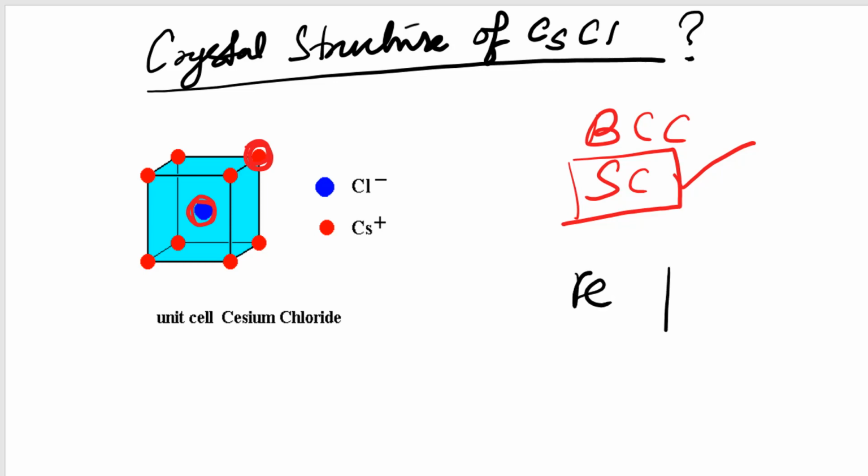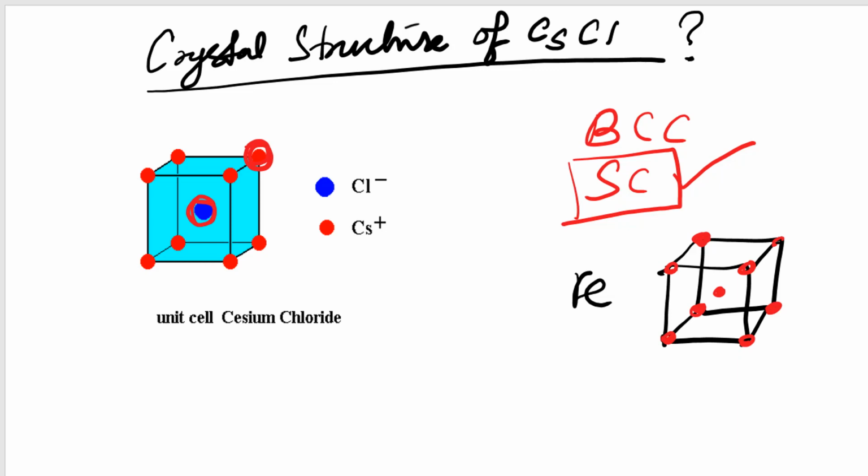So in iron, you see all the 8 corner atoms and the body centered atom are occupied by iron, but in the case of cesium chloride, the body center is occupied by chlorine and the corner atoms are occupied by cesium.